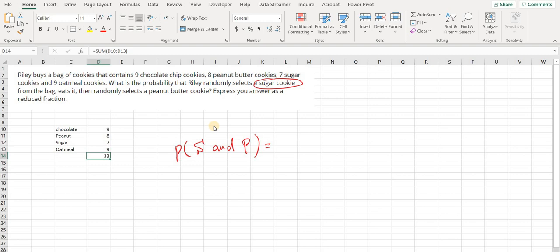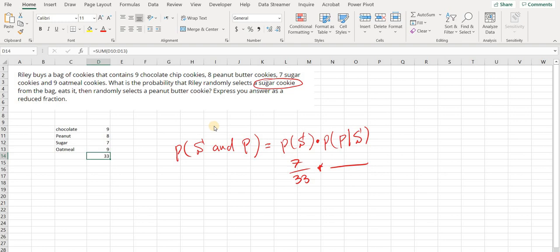That is basically the probability that Riley selects the first sugar cookie times, because it's an and event, the probability that Riley selects the peanut butter cookie given that they selected a sugar cookie before. So the probability that Riley selects a sugar cookie is how many sugar cookies we have. That is 7 out of the total, which is 33, times.